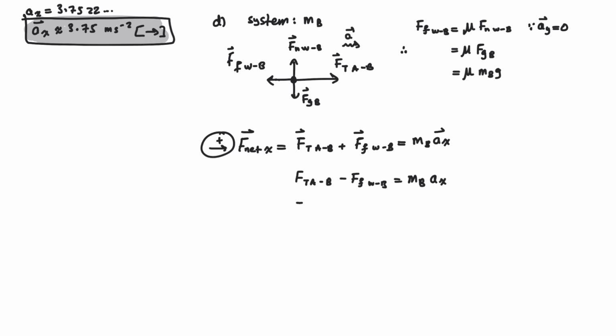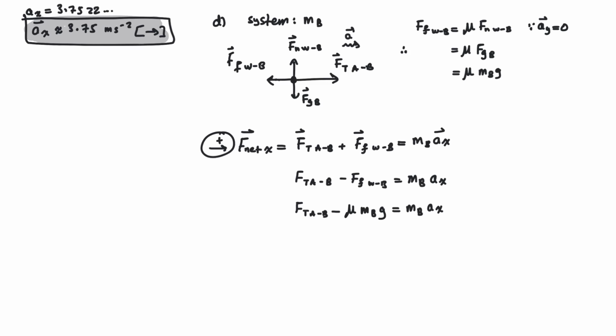Once I have all of this, I need the tension force minus, instead of the force of friction, W to B, I found the expression for it right here. So I can just plug it in as mu MBG, and that's going to equal MBAX.